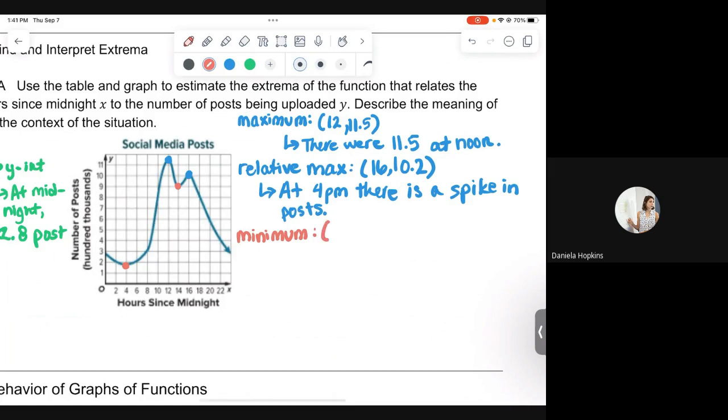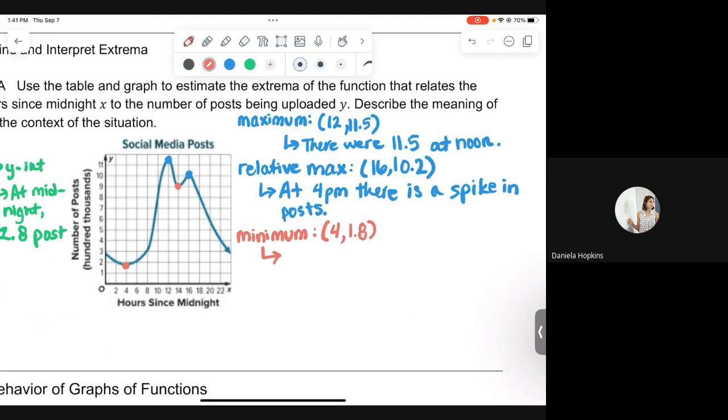My minimum is at 4, comma, and then I think off the table it was 1.8. It wasn't quite to 2. All right, what time is it 4 hours after midnight? 4 a.m. I think this makes sense that there would be the fewest posts. I used to be a night owl. I did pull a couple all-nighters in college.